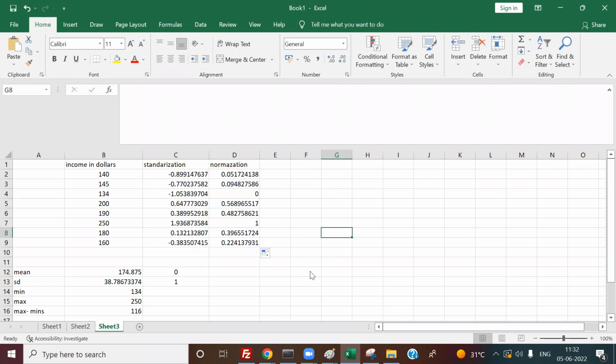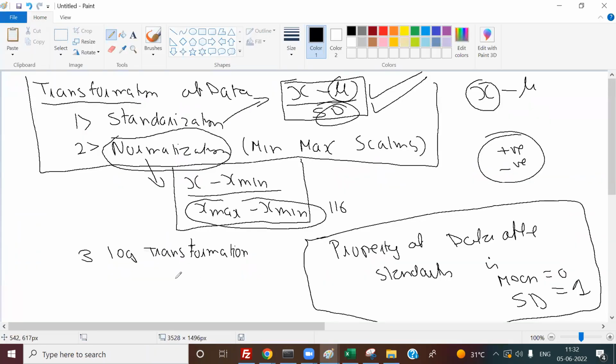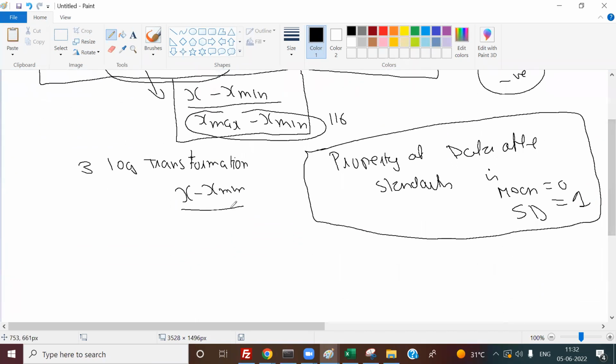And why is this happening? Because of the nature of the formula. I'm saying x minus x min upon x max minus x min. This will become 1 when x is equal to x max, am I right?